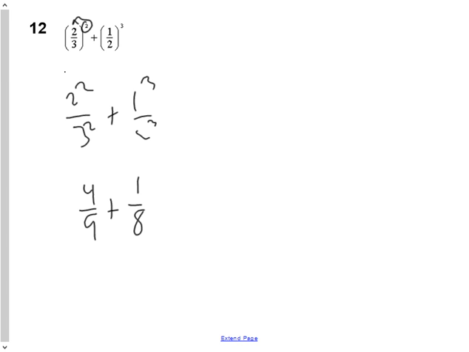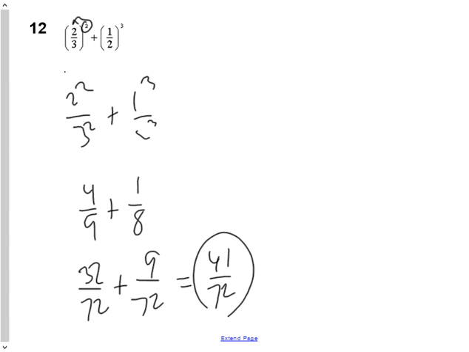So essentially what you had is the addition of 2 fractions. All right, so once you wrote that for your point, you find your common denominator of 72. Make your equivalent fraction of 32 72ths plus 9 72ths equals 41 72ths, and that is lowest terms.